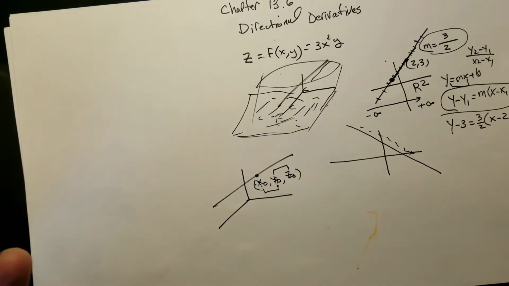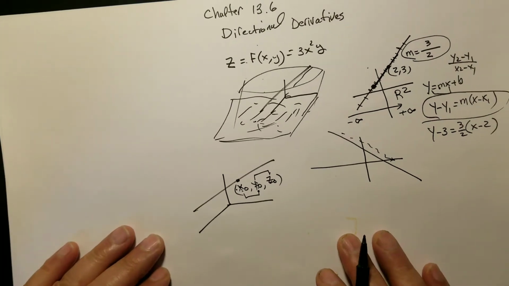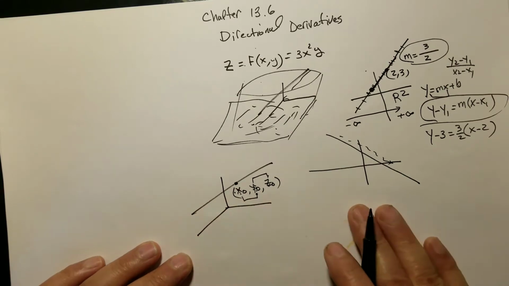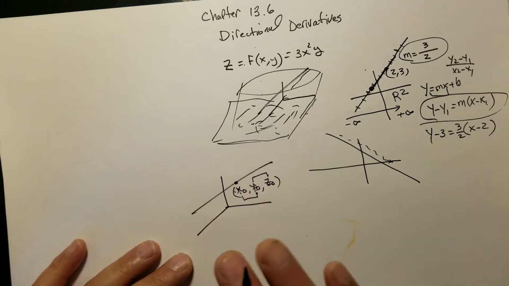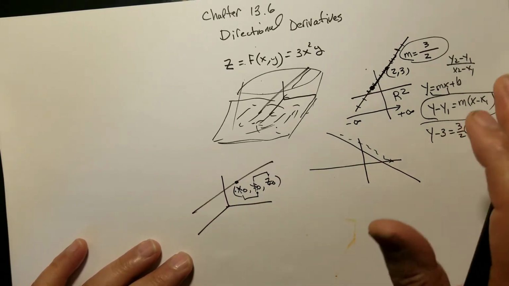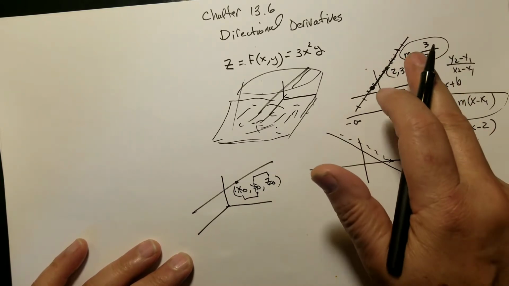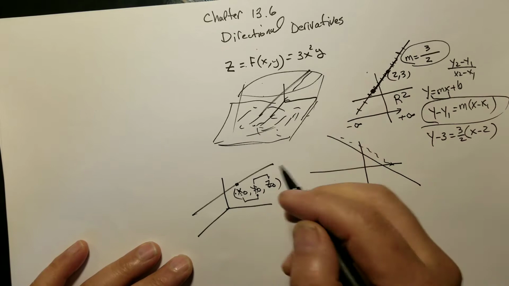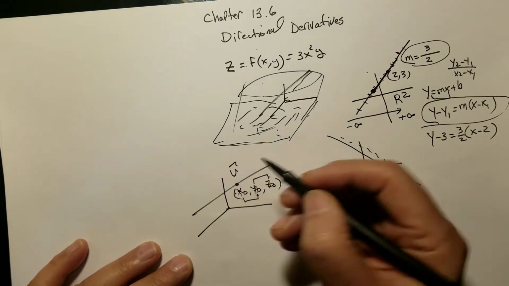Then somebody says, well, you're not able to provide me with a specific number for a slope. What do I have to do in multivariable? In multivariable, the slope, which defines the direction, is given by a vector.